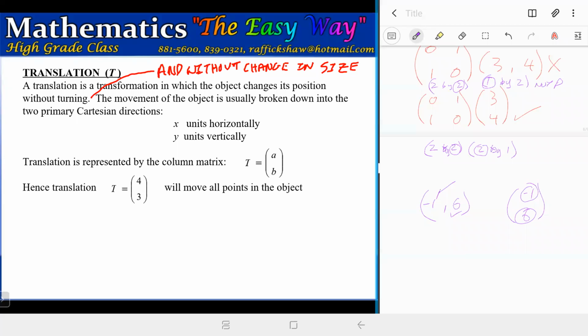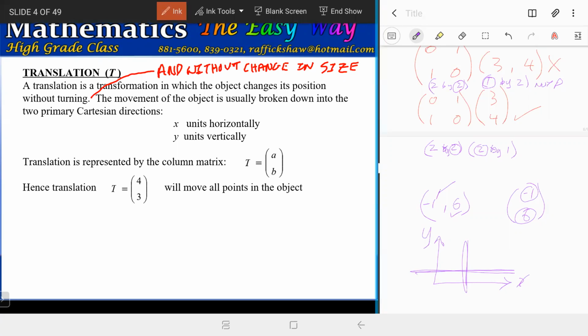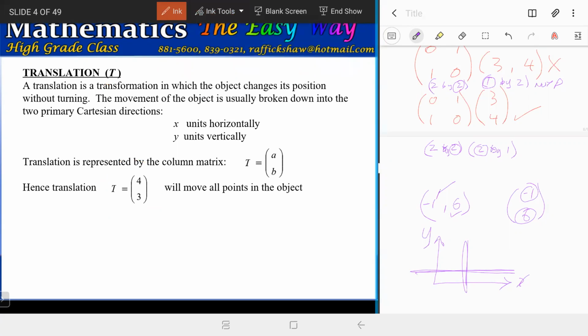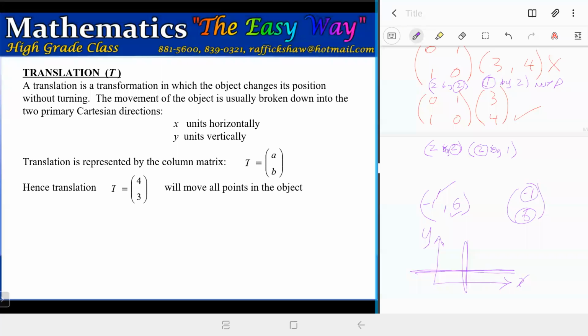Now we're talking about all of this in the XY plane, the x-axis and y-axis plane. We're talking about movement horizontally or vertically. So in the case when a translation is (4, 3), as in this example right here, the object will move 4 units to the right.